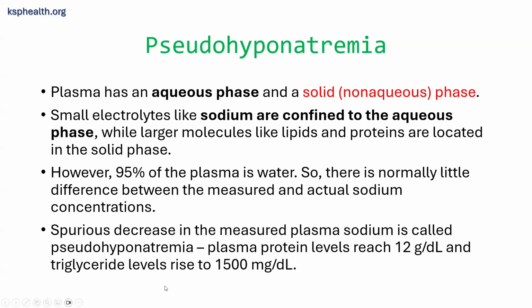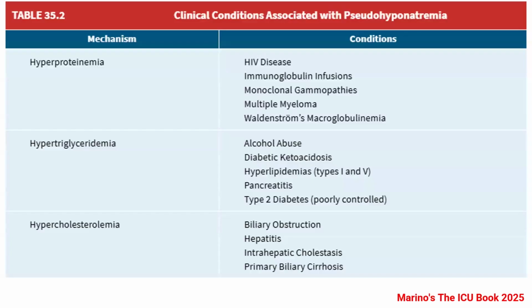But that becomes challenged when the protein level goes up more than 12 grams per deciliter or the triglyceride level goes above 1500 milligrams per deciliter. So when there is hypertriglyceridemia or hyperproteinemia of that magnitude, the measured serum sodium is skewed. Very important to remember.